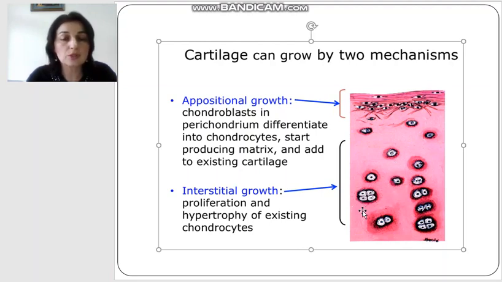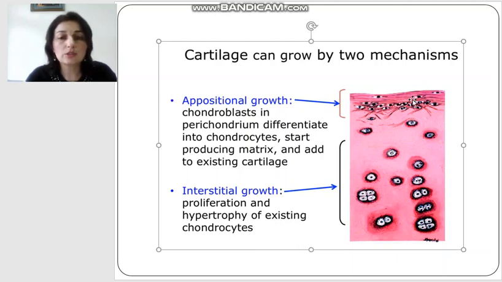Also, these cells produce extracellular matrix components where they become entrapped, and that is interstitial growth. Interstitial growth we will see mostly in the cartilage which is not covered by perichondrium, in articular surfaces, for example, of the joints.